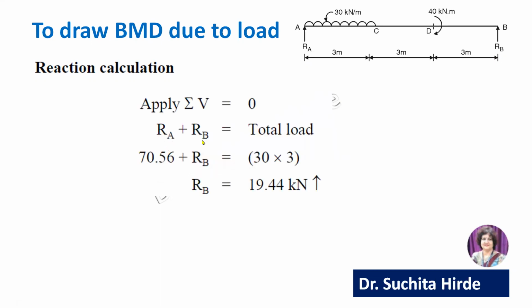So you will get RA plus RB is equal to total downward load, which is equal to 30 into 3. You know that the load due to UDL is intensity of the load multiplied by the length. So you will get reaction at B as 19.44 upward. So first step is to calculate reactions at the support.